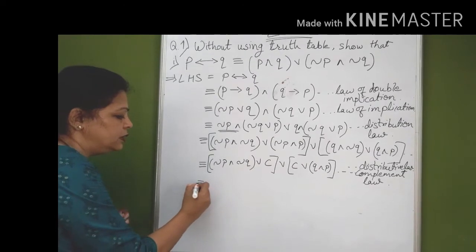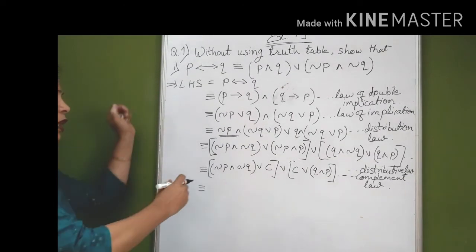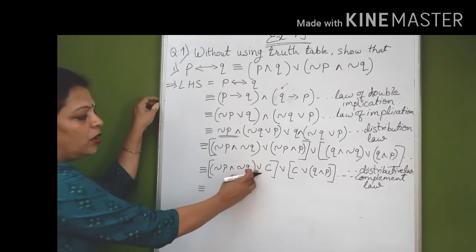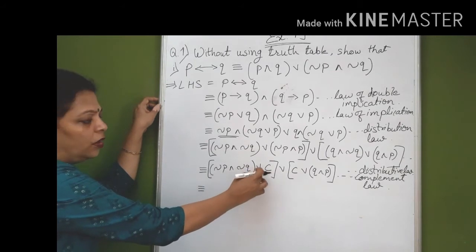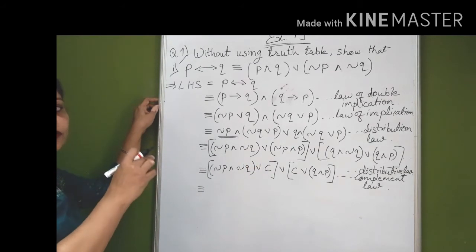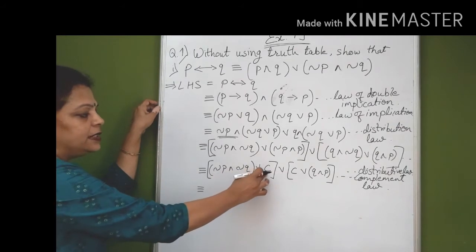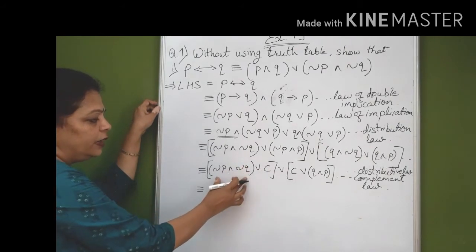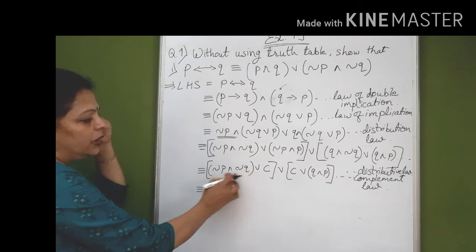Now let us simplify further. Again here, this bracket or C, and this is C or C. Now you know that with the OR function, if there is C, that is false, it is equivalent to the other term.